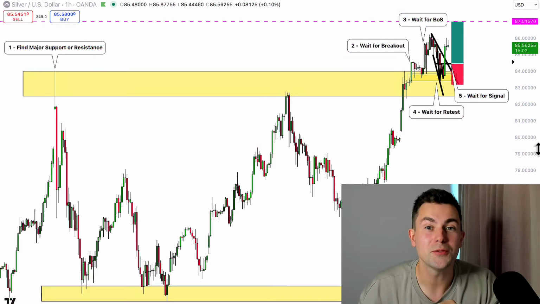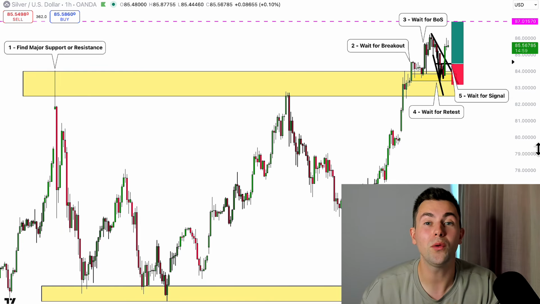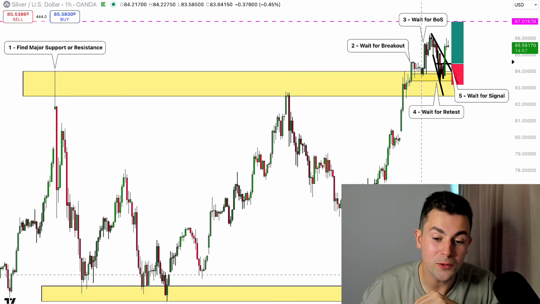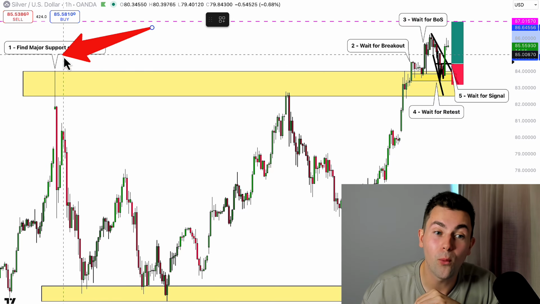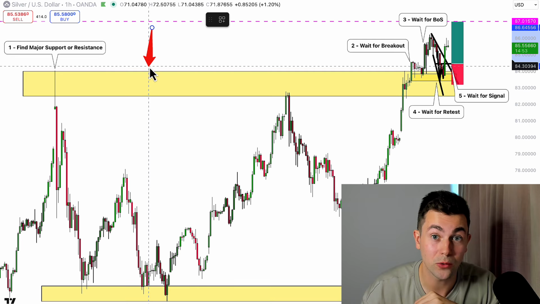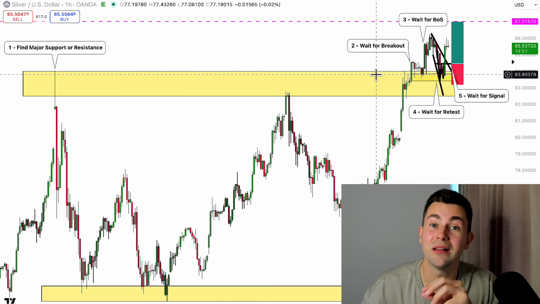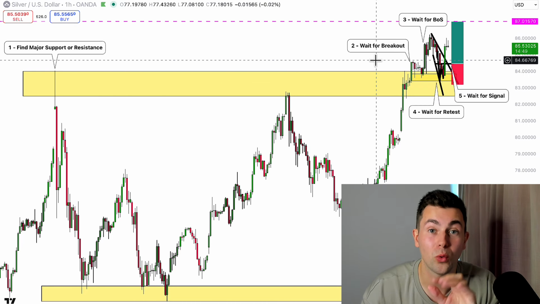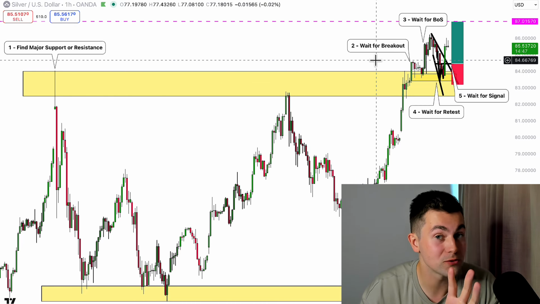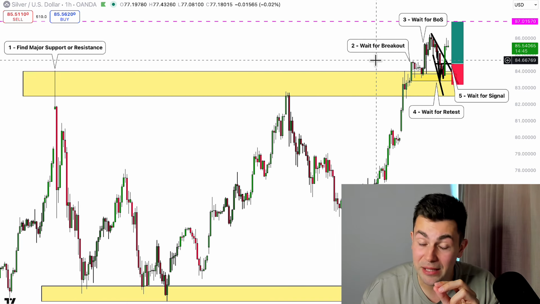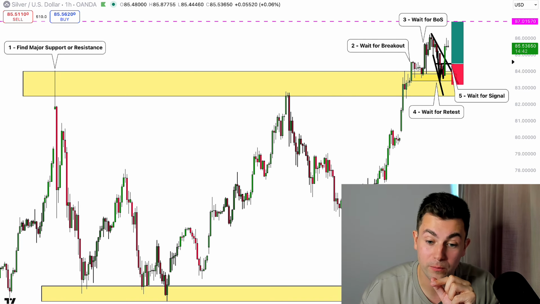To profitably trade supports and resistances on silver, follow this 5 steps plan. First, identify a major support or resistance on an hourly time frame. Then look for a breakout of the support or resistance that you found. Then make sure that you confirm the breakout.